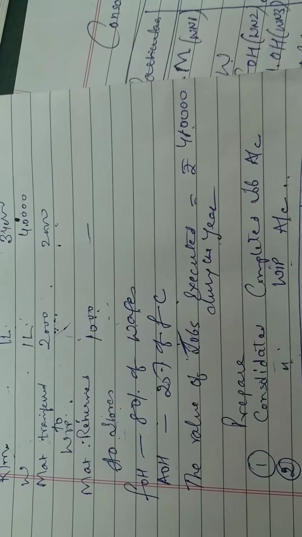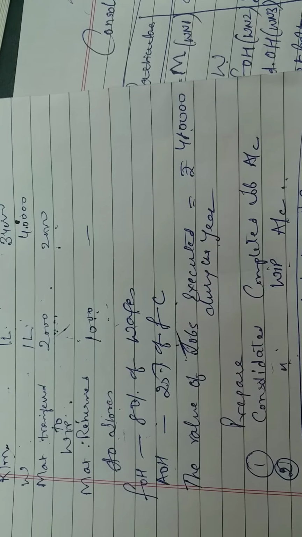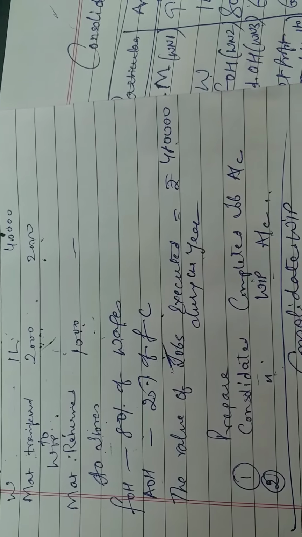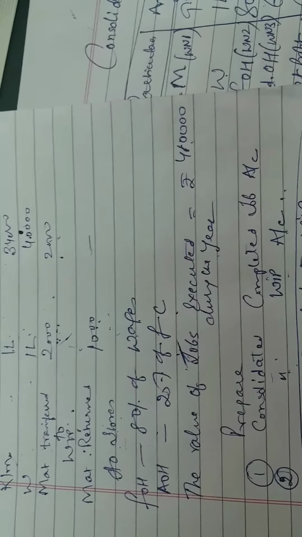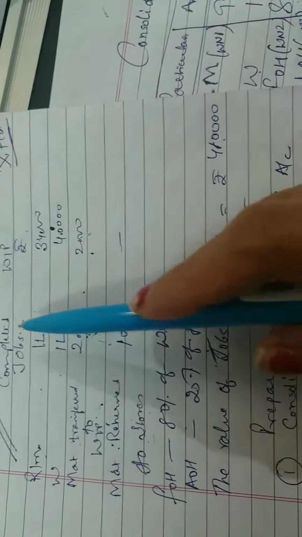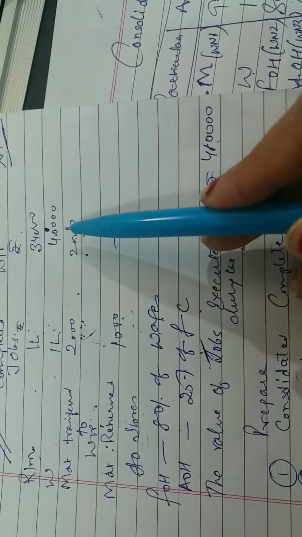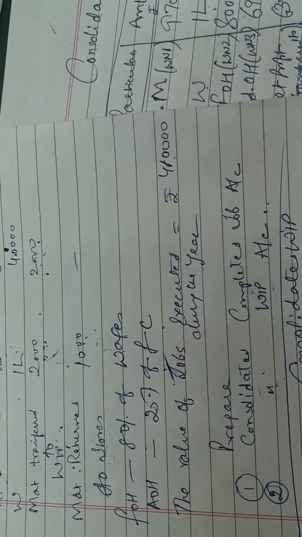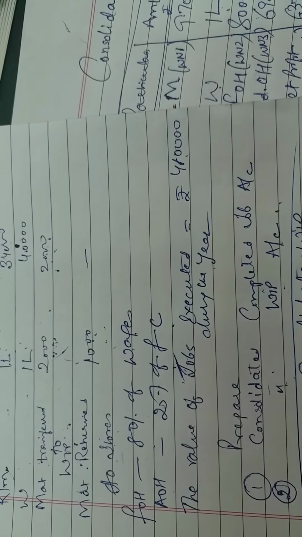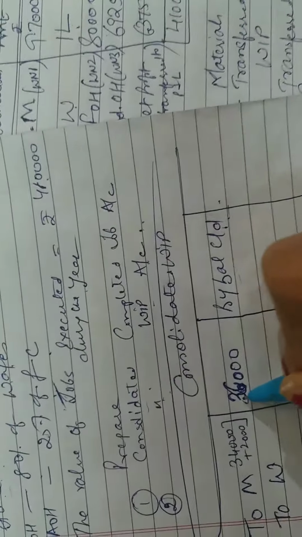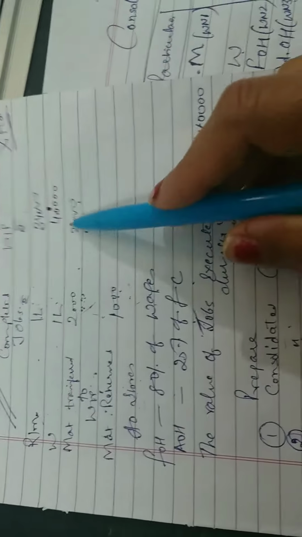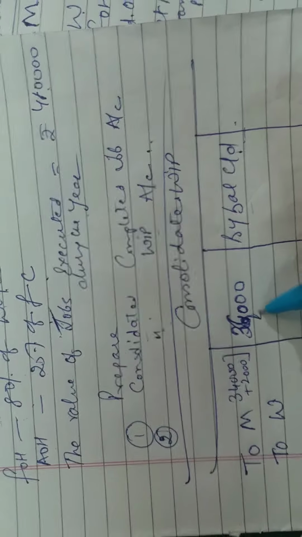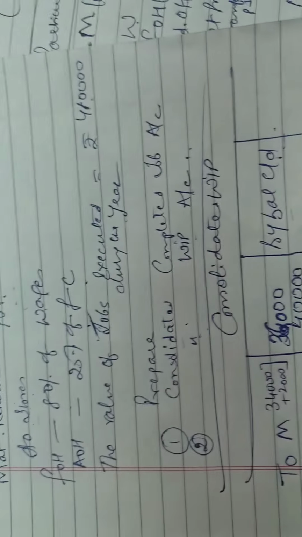So 34,000 and 2,000 is to be added, because it has come from the jobs side. Materials were transferred from job to work in progress. 34 and 2 comes out to be 36,000. I'm writing 36,000 over here. Then the wages are how much? Wages are 40,000. So we put 40,000.